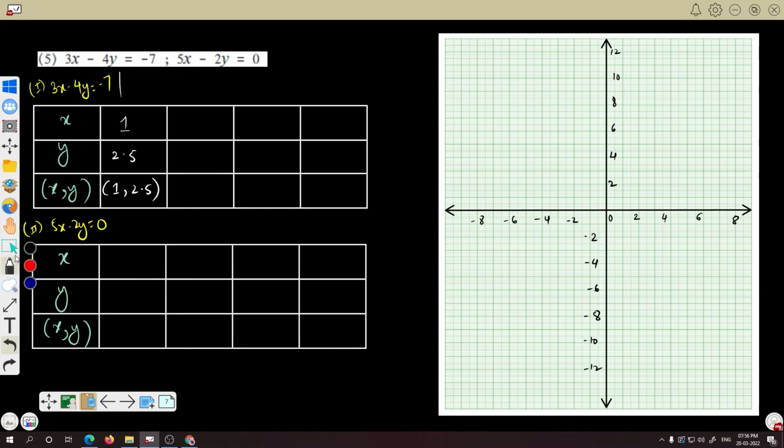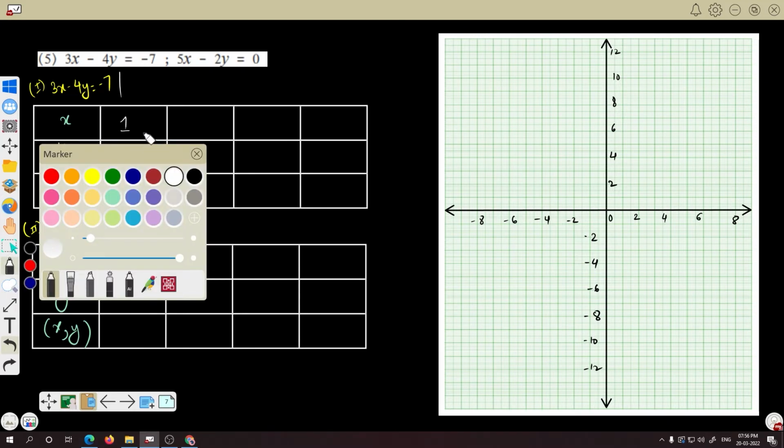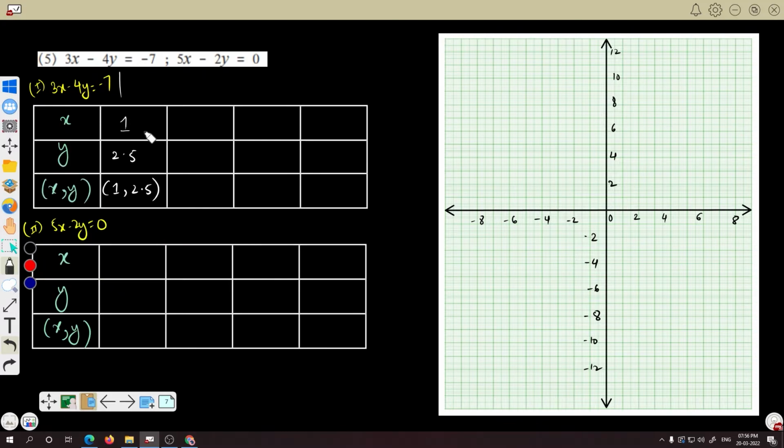Fine. Now we'll look for some other value. If I take x as 0, then the equation will be 3 into 0, which is 0. So I'll write 3 into 0 minus 4y is equal to minus 7, which means minus 4y is equal to minus 7, which implies y is equal to minus 7 upon minus 4.